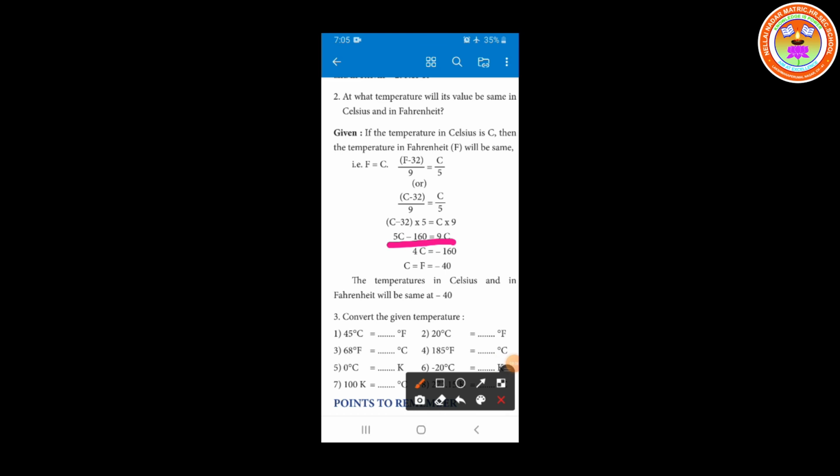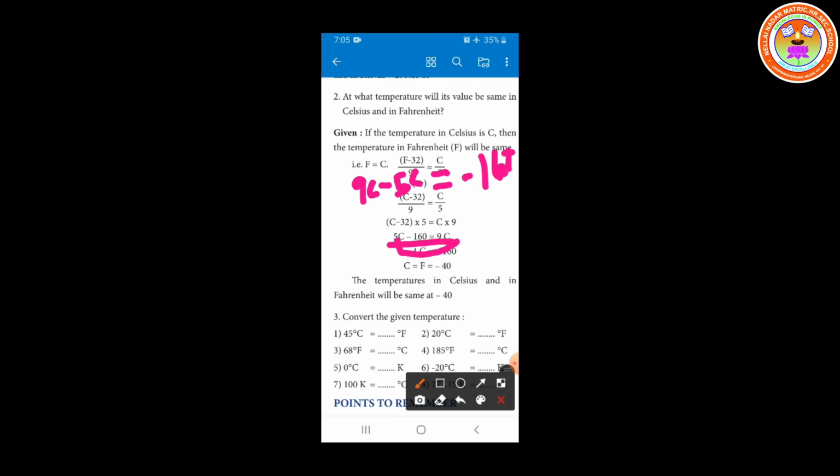Consider this equation. 9C minus 5C is equal to 160. We have shifted the 5C to one side, so it becomes minus 5C, which is equal to minus 160.